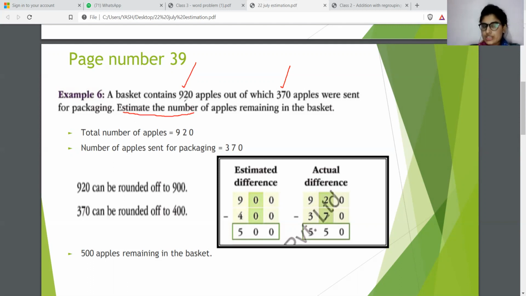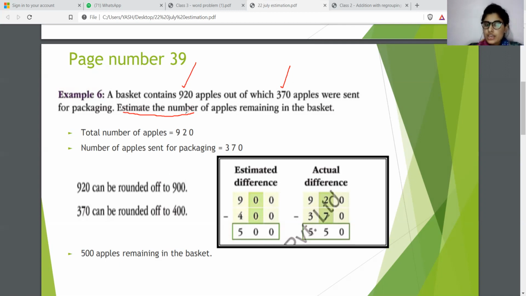Whenever you see "estimate the number", at first you need to round off the numbers, and then you will subtract the rounded numbers.